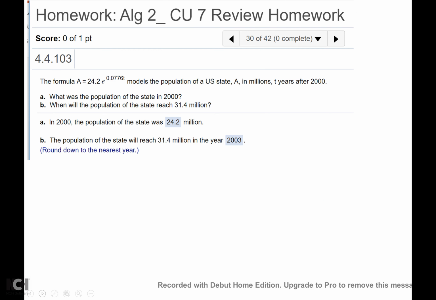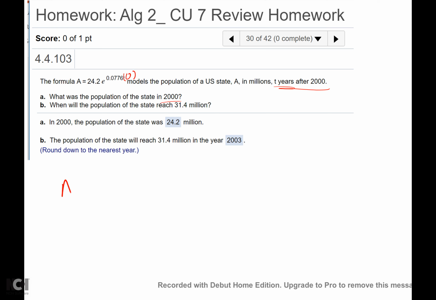Alright, this formula, A equals 24.2 e to the whatever t, models the population of a U.S. state, A, in millions. So A is the population, t years after 2000. What was the population of the state in 2000? Well, if t is years after 2000, and I'm talking about 2000, then t would be 0, yes?